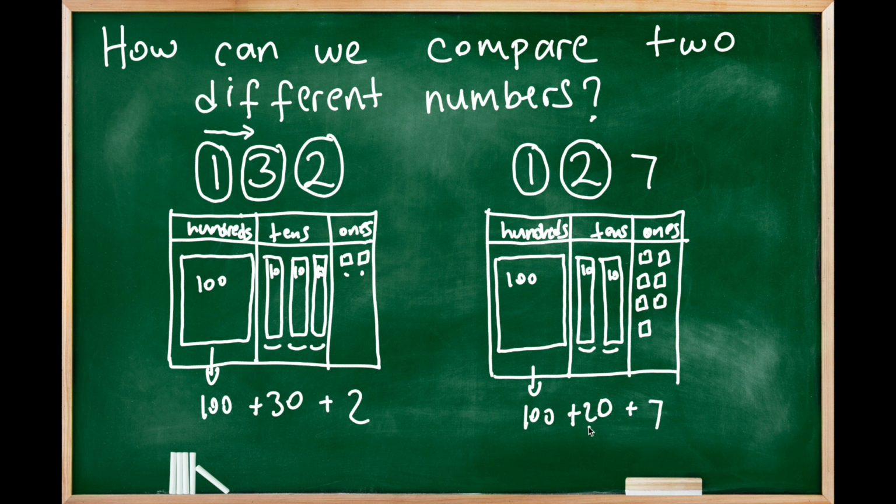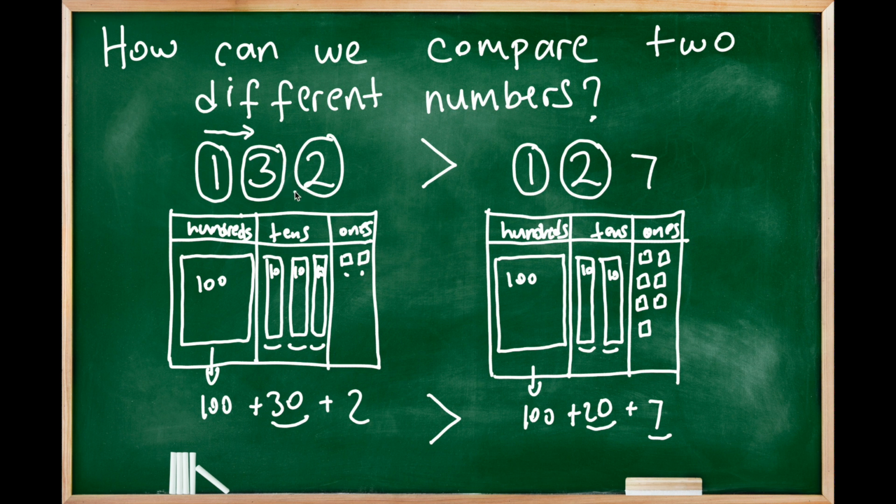So this tens digit right here makes it different. There are more tens in the first number. That's why, even though we have a larger ones place number, the ten makes more of a difference. That's why we use the greater than sign. So 132 is greater than 127 because of the tens place number.